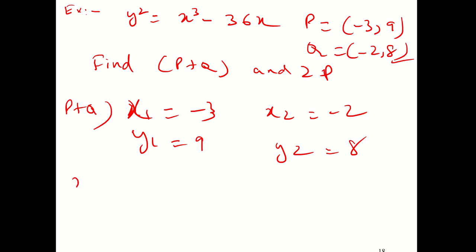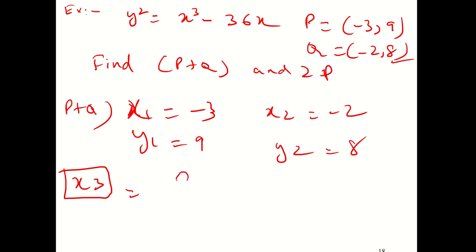So how will you find x3? It is just putting the values into those formulas, nothing else. Please make sure that the plus and minus signs are put in correctly. As we had seen in the previous slide, x3 is (y2 minus y1) by (x2 minus x1), whole square, minus x1 minus x2.